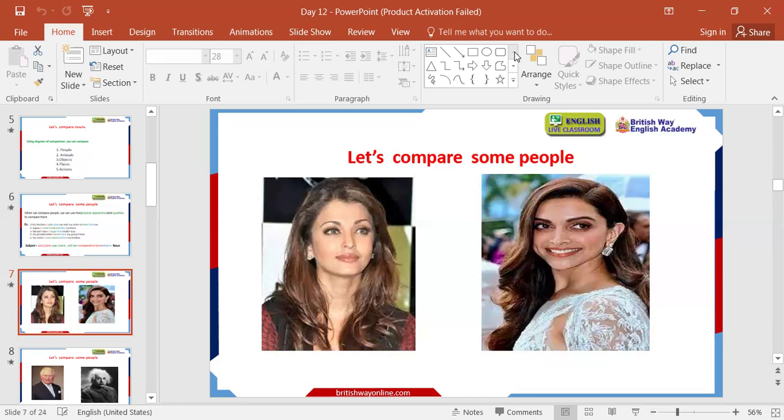Deepika Padukone's hair is better than Aishwarya Rai's hair. Hair is, so you have to use the helping verb.